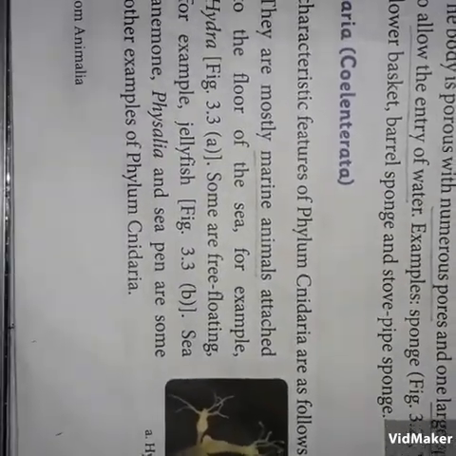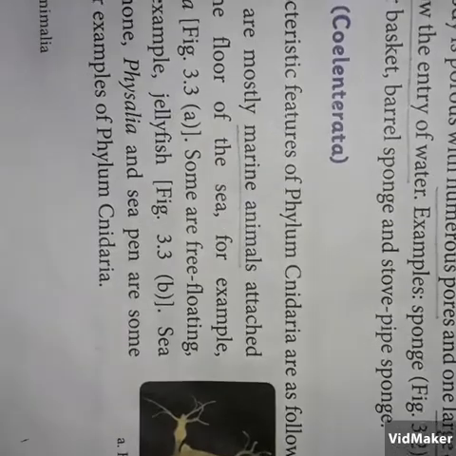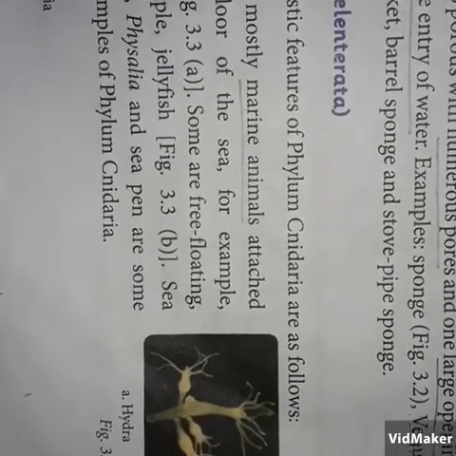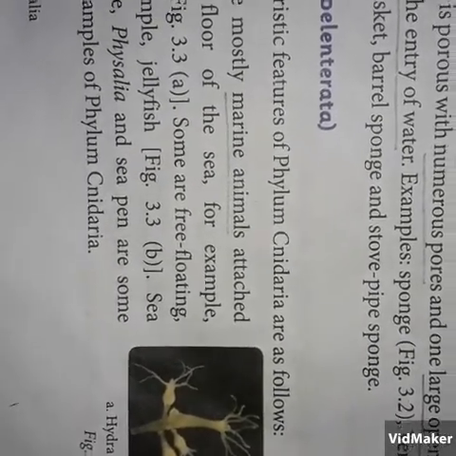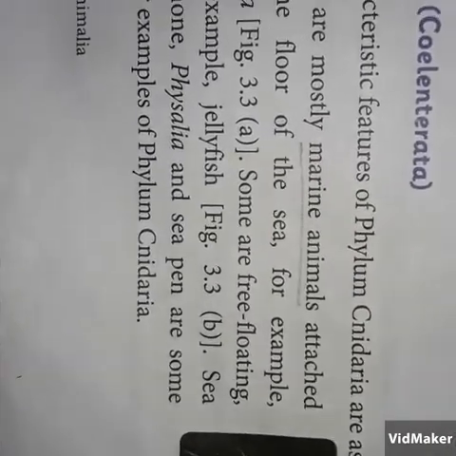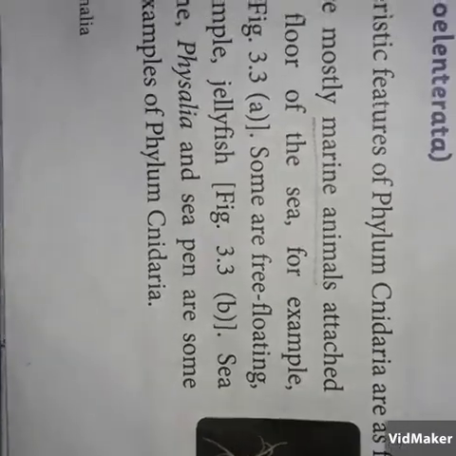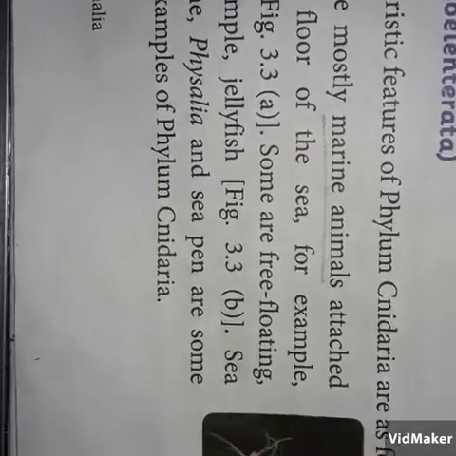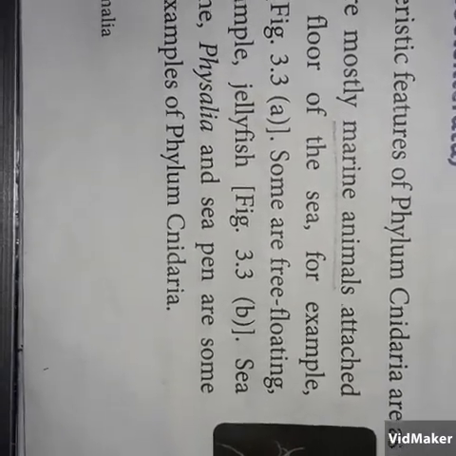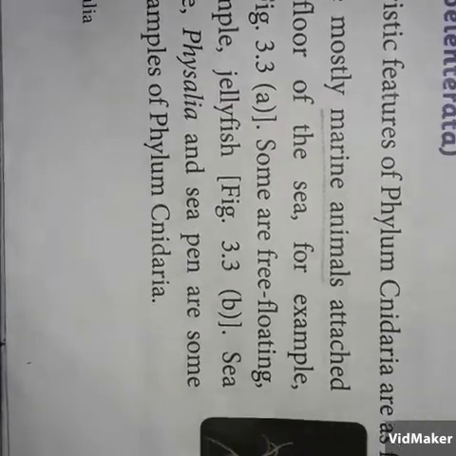Cnidaria. The characteristic features of phylum Cnidaria are as follows. First point, they are mostly marine animals attached to the floor of the sea, for example hydra. Some are free floating, for example jellyfish.